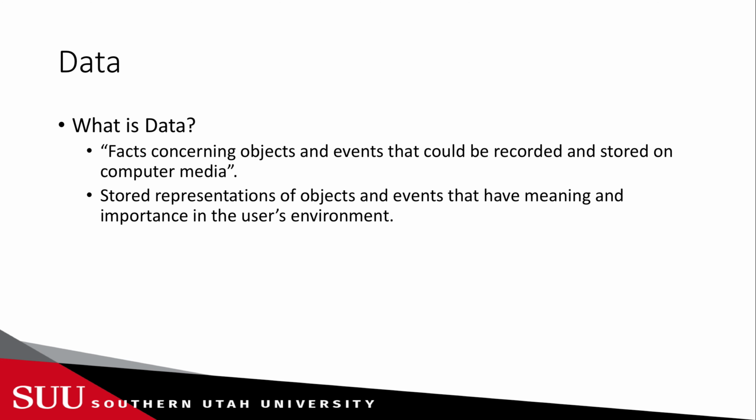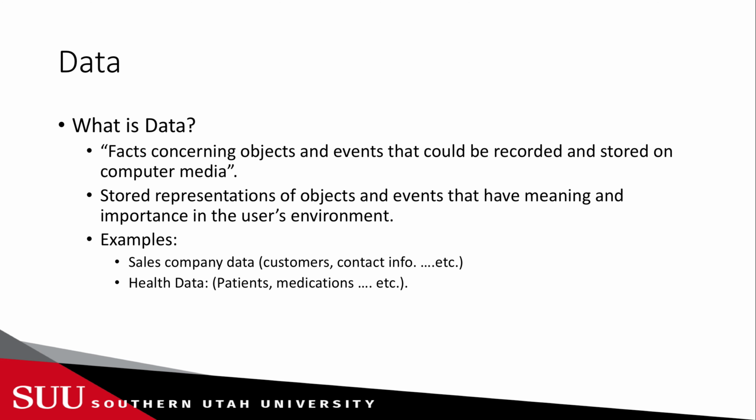So in the first case, those made sense or had some importance in the user's environment, but in the other example, they didn't. So some examples would be sales company data containing customers' contact info and so on, or healthcare data, patients' medications, and so on, or as we said, the university or school example.